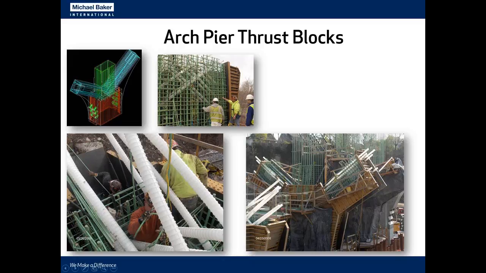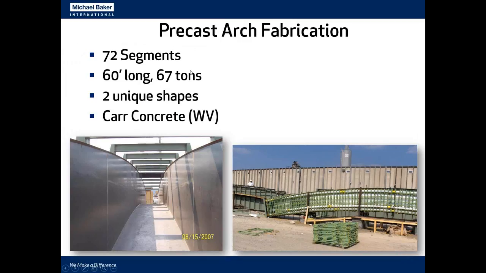And although there was a bit of a learning curve associated with forming and placing these elements, ultimately the contractor became pretty fast at them, and it really wasn't too much of a hindrance to the project to have this somewhat complex region.